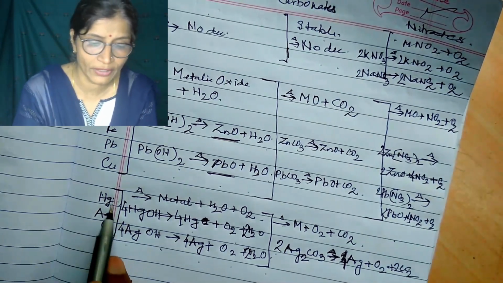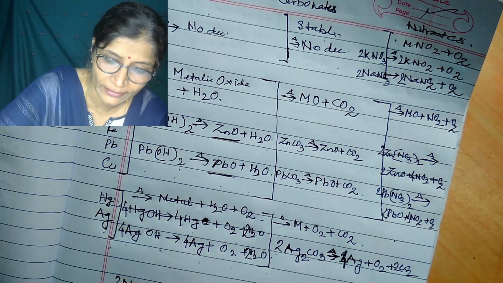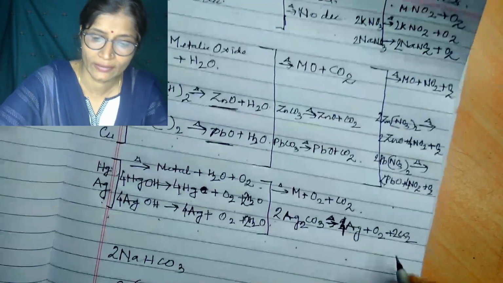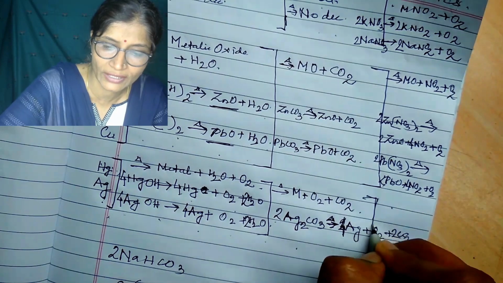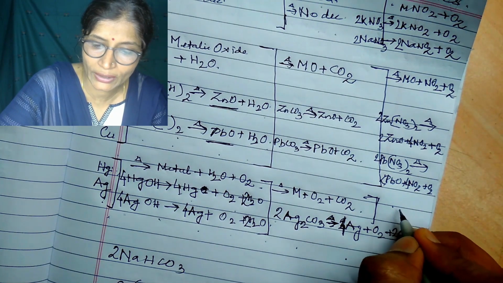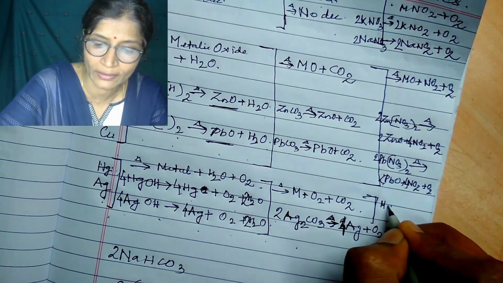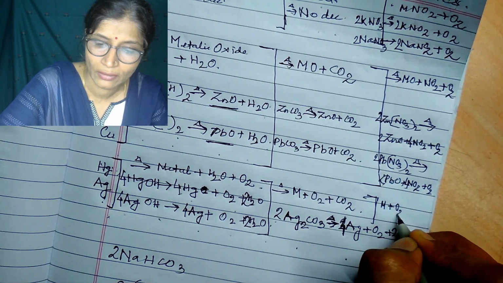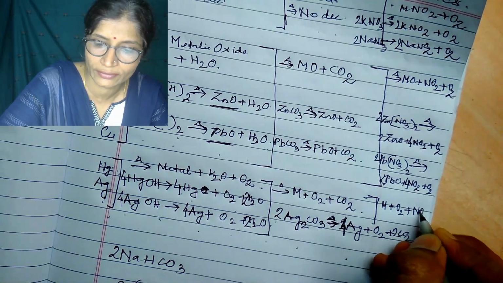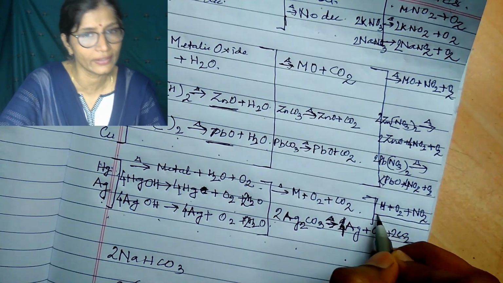And when mercury or silver nitrate salts are heated, they will again give metal plus oxygen plus nitrogen dioxide. So instead of the metallic oxide, you get the metal here.